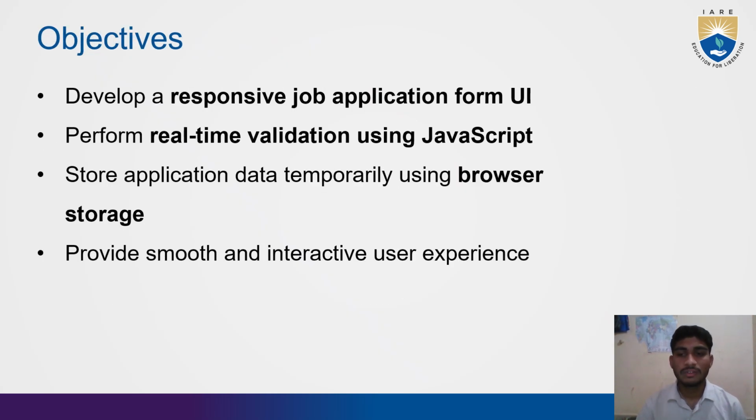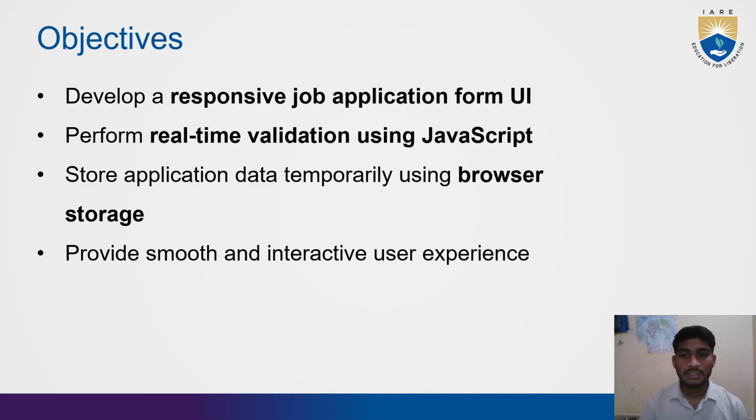What are the objectives of the job application form system? To develop a responsive job application form UI, perform real-time validation using JavaScript, which uses logic, store application data temporarily using browser storage, which means local storage, and provide a smooth and interactive user experience.